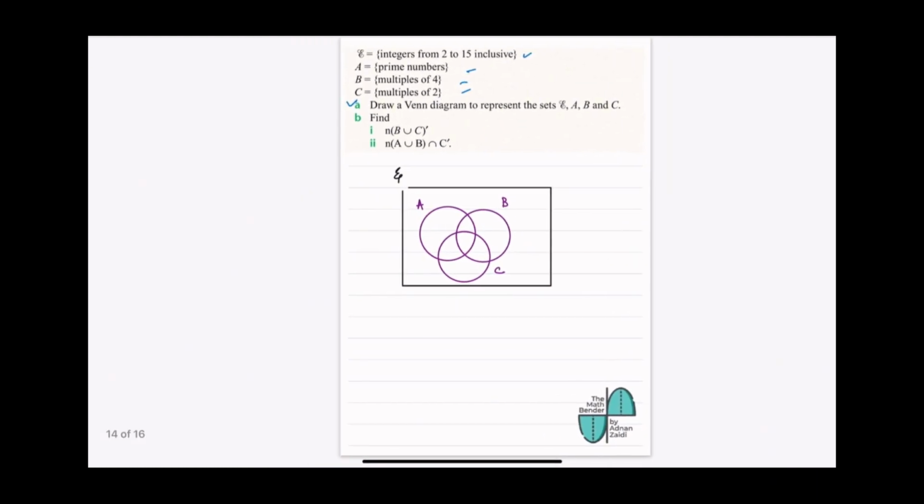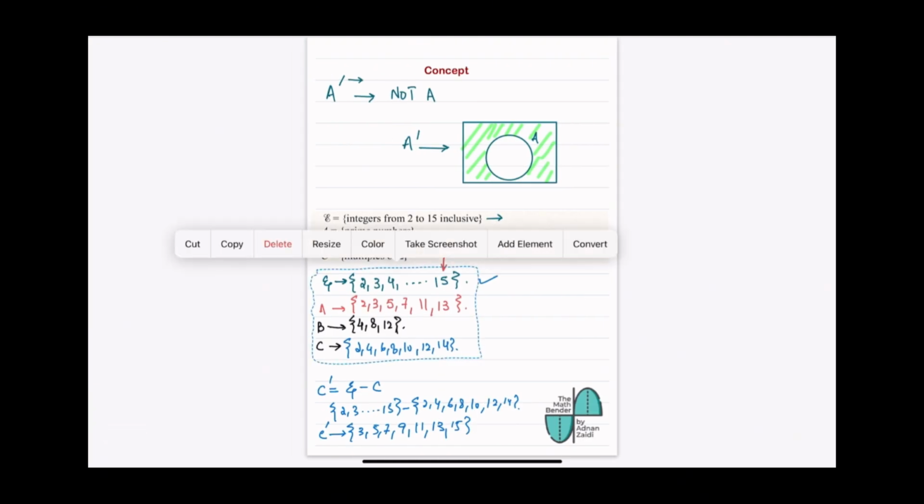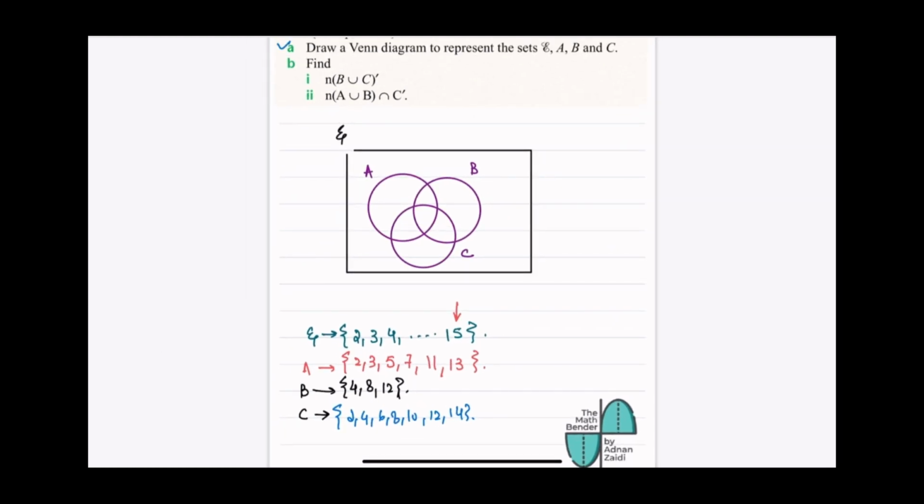Although I've taken down all of these, let me copy that, so I have all the elements.